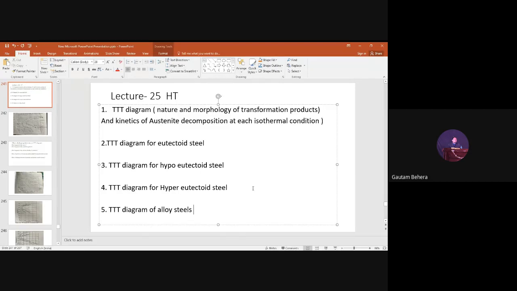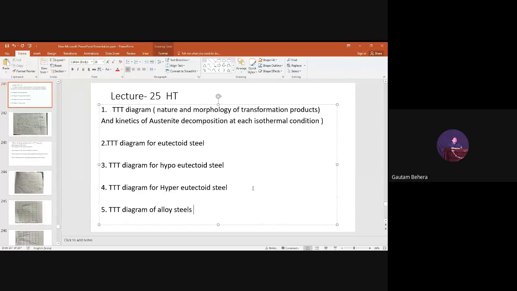This is called the time-temperature-transformation plot, which will tell you about the nature of the transformation product, meaning whether it is tougher or stronger, harder or ductile. It also tells about the structure, or the morphology, whether it is lamellar or plate shaped, basically.